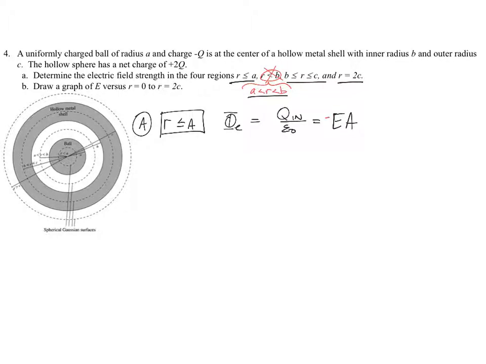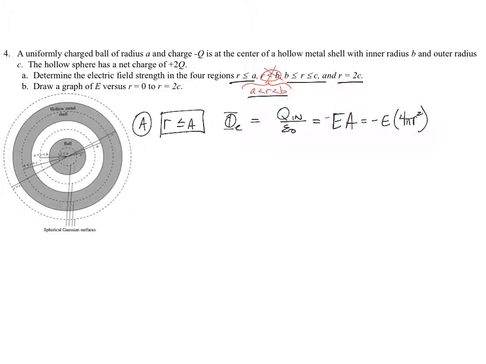I could put the minus on the Q if I wanted, but we'll just put it here. So we're going to have a minus E times 4 pi r squared because it's a surface area thing again. Now, the Q we're dealing with, this is a ball.